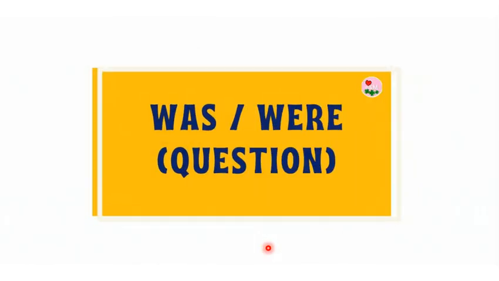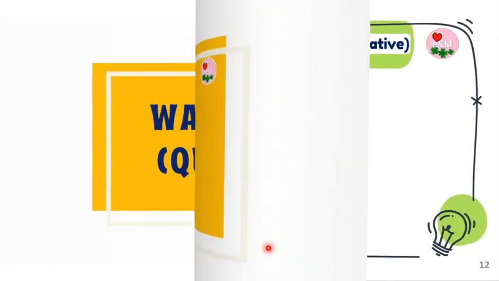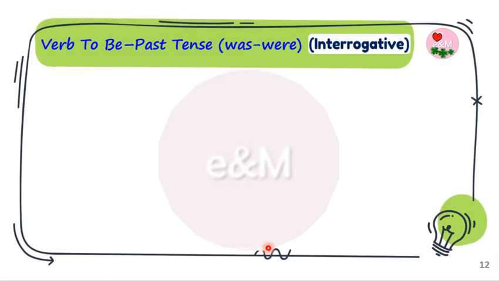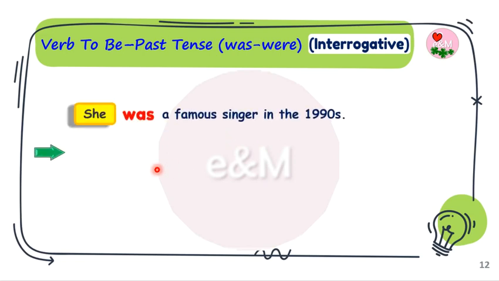Okay, now look at question form. In this question or interrogative form, we just need to change the position of subject and verb to be. Put the past tense of the verb before the subject.